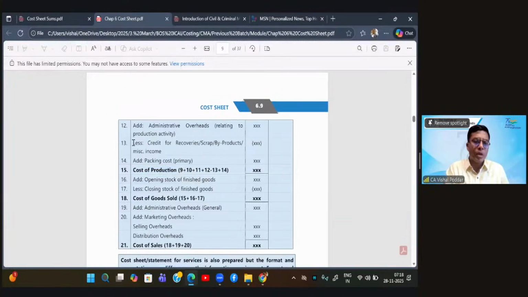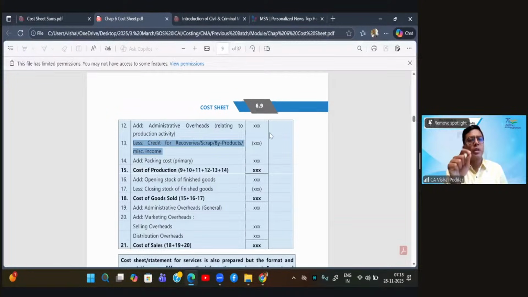Now, in cost sheet, or in costing rather, I should say, we have the logic of adjusting the scrap values. Now you have studied different chapters by now because the entire portion is complete. You are revising. Now you can connect it with other chapters. But in every chapter, whenever we were computing cost or cost per unit, we were adjusting the scrap value, the amount which we were realizing by sale of something.